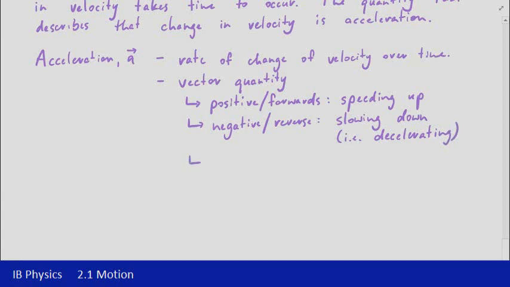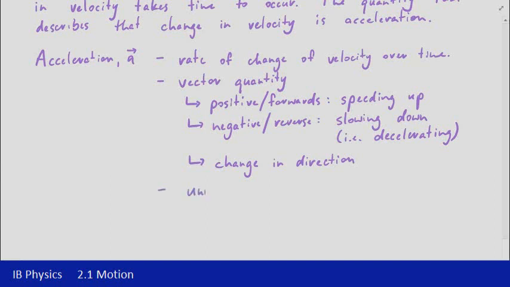There's another type of acceleration that we'll look at in subsequent units. I'll just mention it now. We can have an acceleration that causes a change in direction. So the first two, positive and negative, are about whether the object is speeding up or slowing down in a given direction, but an acceleration can also cause a change of direction.